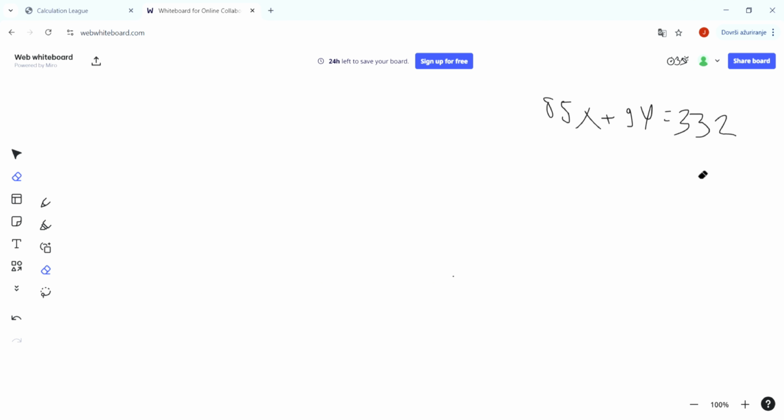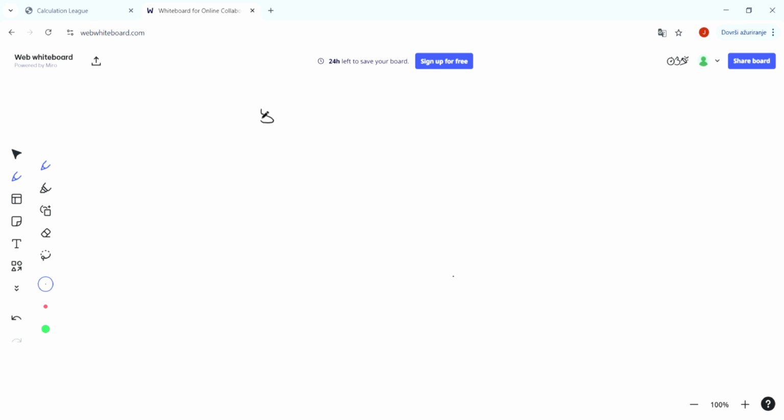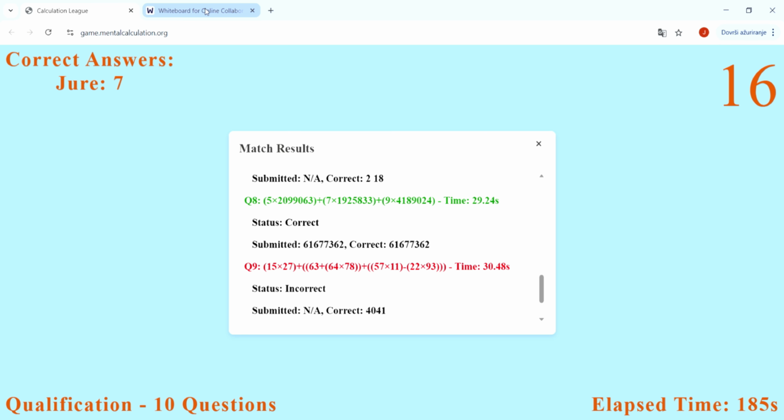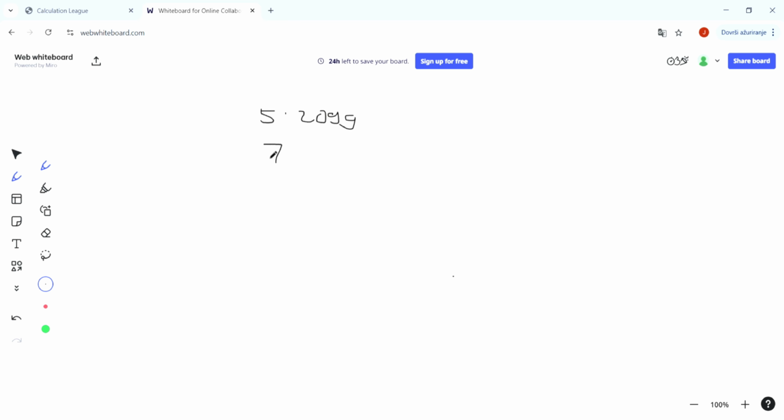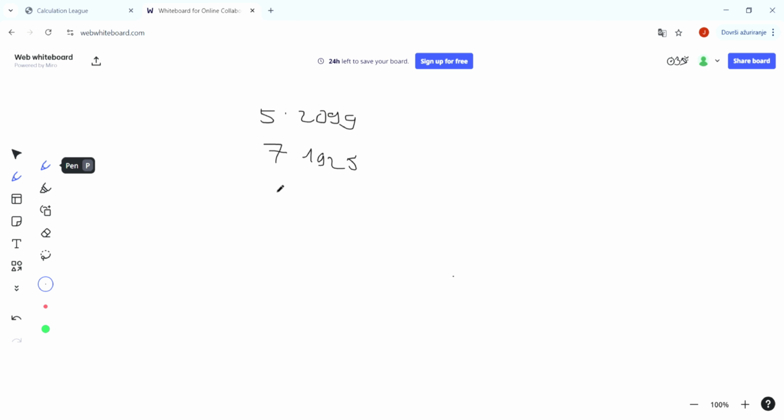The thing is, when you do multiplication and addition of those numbers, I will just do the first 4 digits, for example. 5 times 2099, 71925, and 94189.